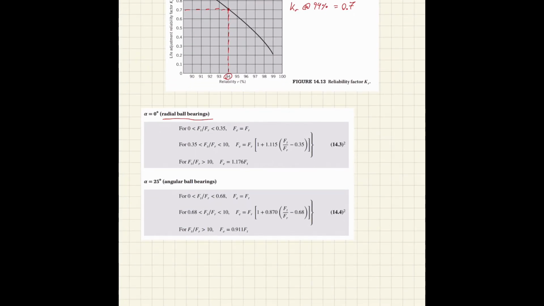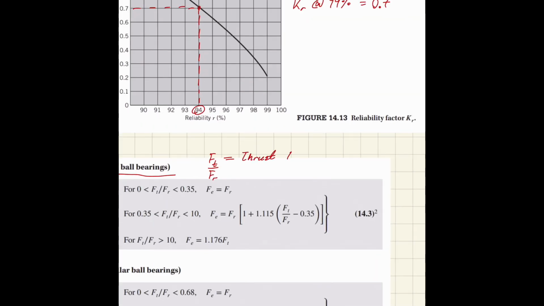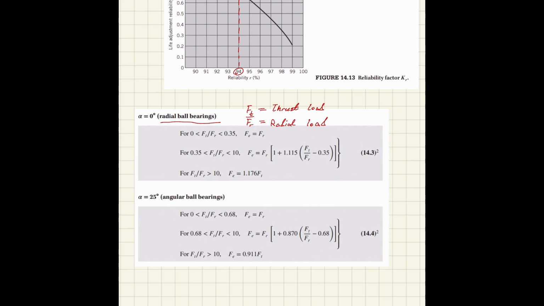When we have radial ball bearings, i.e. 0 degrees, we must determine what FE is. And FE is determined by FT over FR, where FT is the thrust load and FR is the radial load. The following equations show the parameters for FE, which are determined by FT over FR. And we get these formulas from determining what that FT over FR factor is. For angular ball bearings, it's much the same.